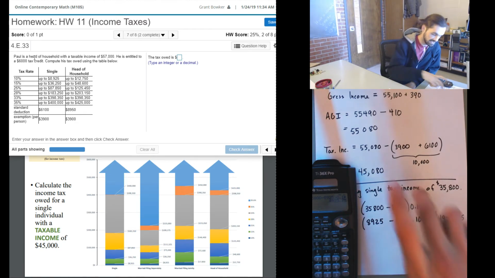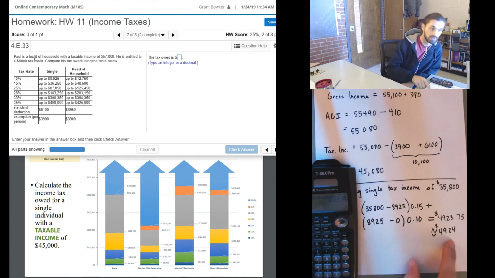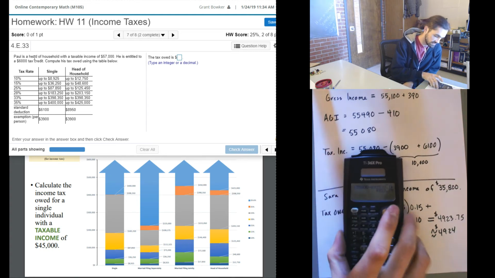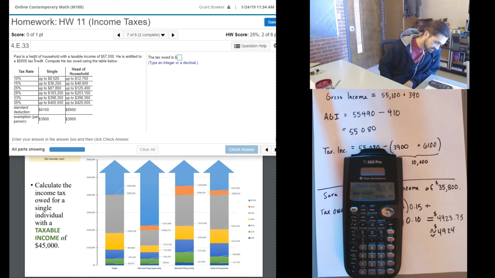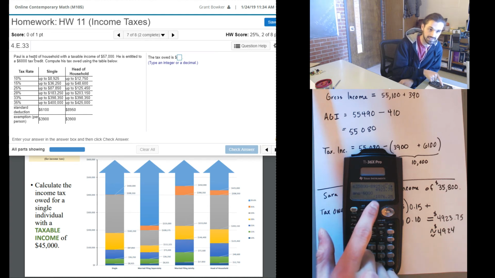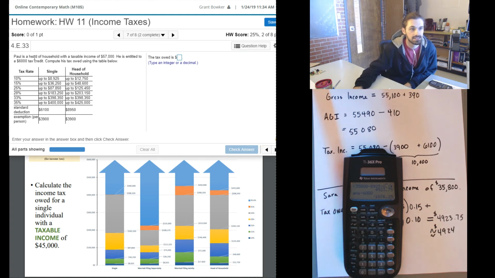So say, in this example, if we had a $6,000 tax credit at the end, well, here's our tax owed, $49.23 and 75 cents, and we would remove our $6,000 tax credit, and that would tell us, well, you have to pay a negative $1,076.25. Well, paying a negative amount really results in you receiving $1,076.25. So this tax credit is handled at the very end.